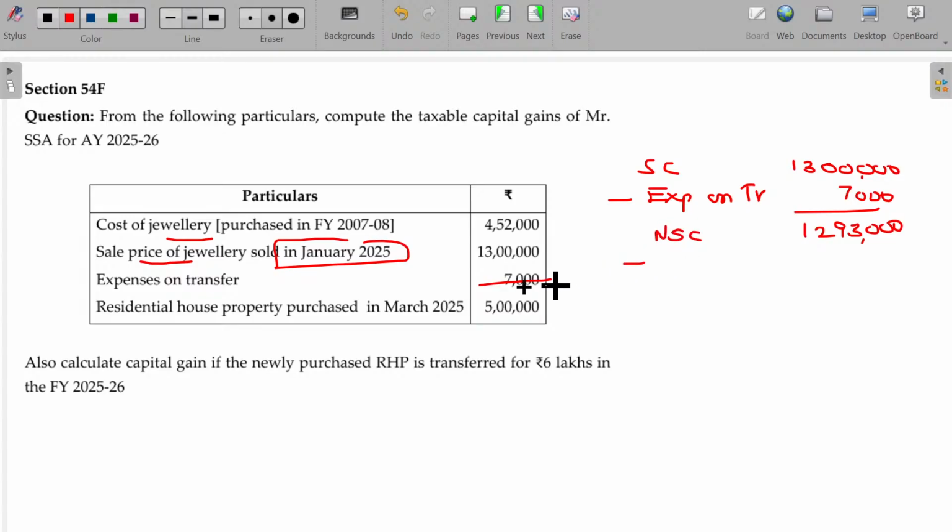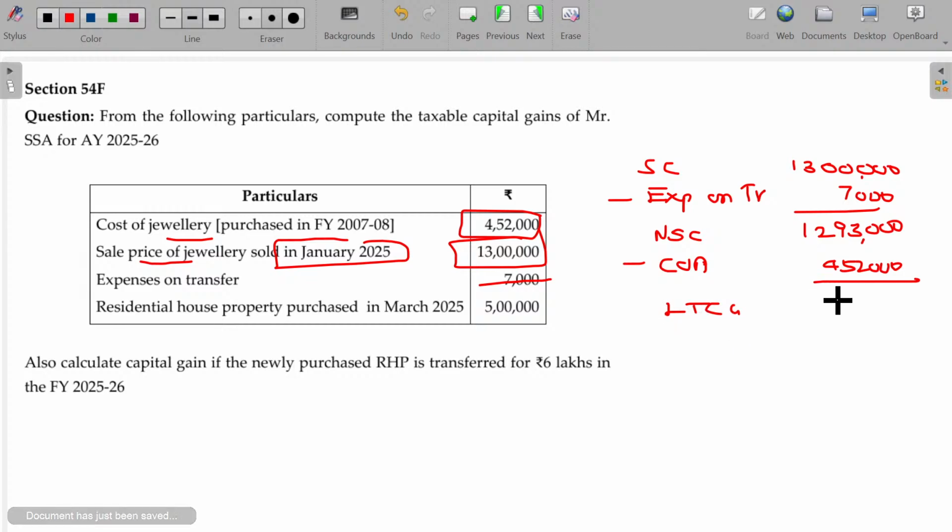Minus cost of acquisition, 4,52,000. Long-term capital gain being 8,41,000.